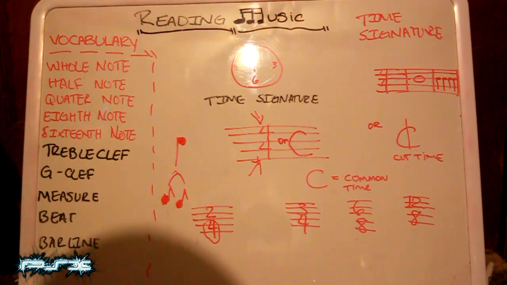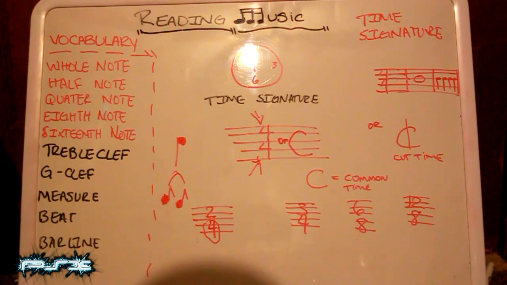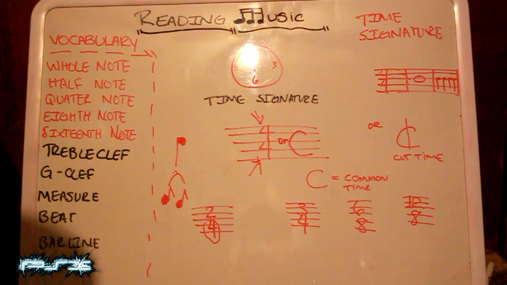So I hope this helps you guys. Time signature can be very, very tricky. So when you got 4 beats per measure, it's 1, 2, 3, 4, 2, 2, 3, 4. When you hear that 2, that stands for the start of the second measure.